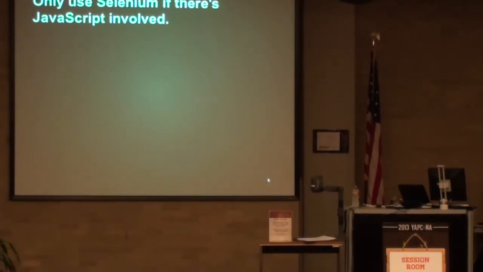But the whole model is when you tell Selenium to get a web page, it's sending an HTTP request to the Selenium browser, which is then sending an HTTP request to the server. So there's an extra layer of abstraction. These extra HTTP requests are generally slow relative to just anything on the local file system. So our rule is we use Mechanize wherever we can and Selenium where we have to.